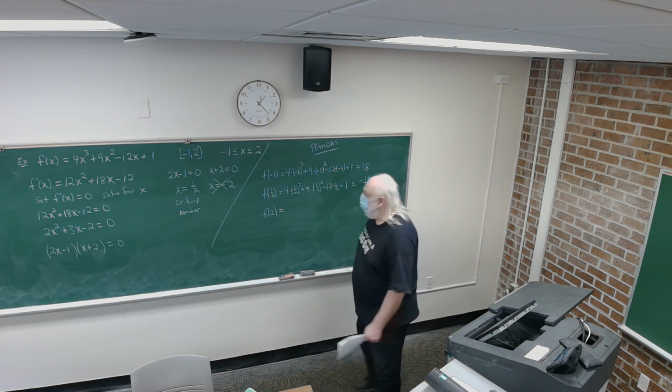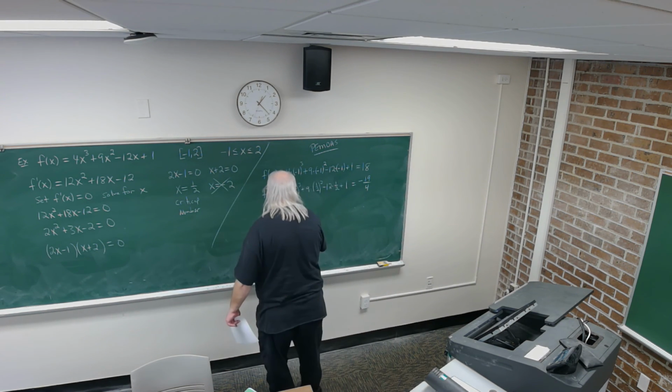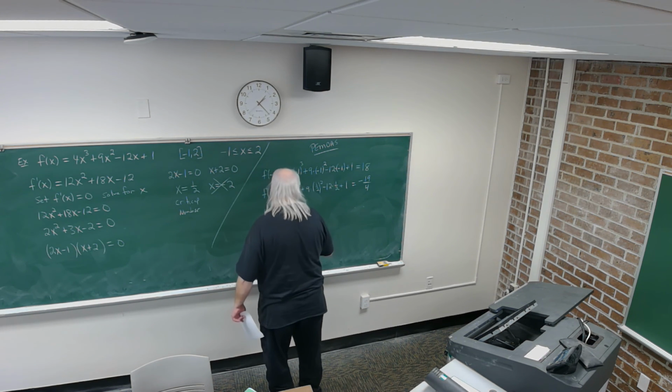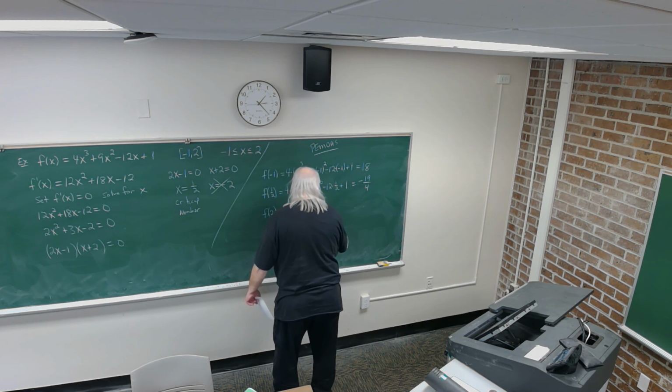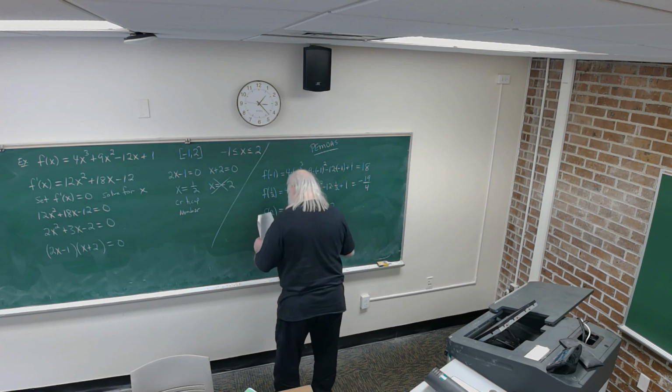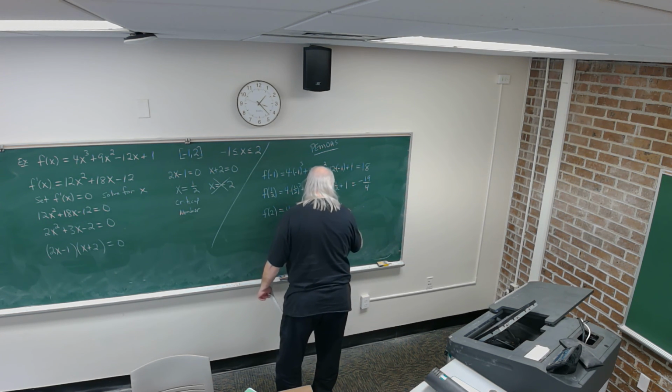F of 2, put 2 in for x. You have 4 times 2 cubed plus 9 times 2 squared minus 12 times 2 plus 1.